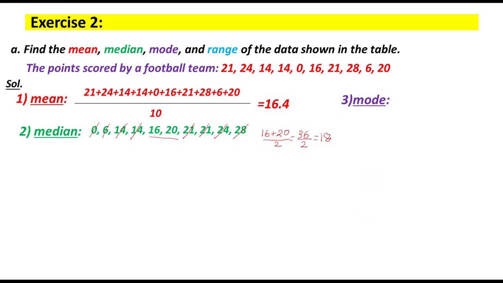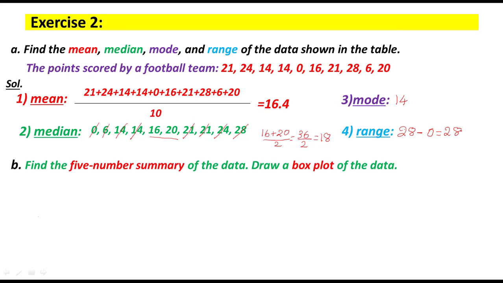Now, to find the mode, which number is repeated the most? Here I have 14 twice. Then my mode is 14. Then the range is the difference between the least number and the greatest: 28 minus 0, which is 28.